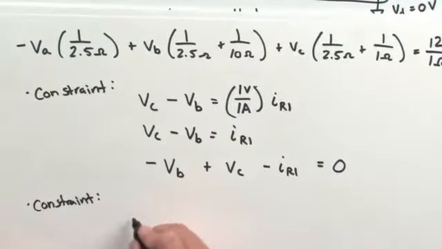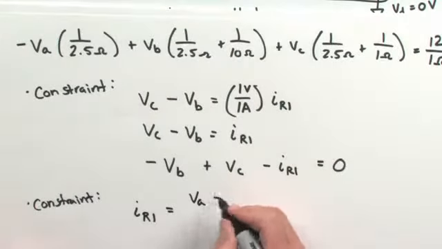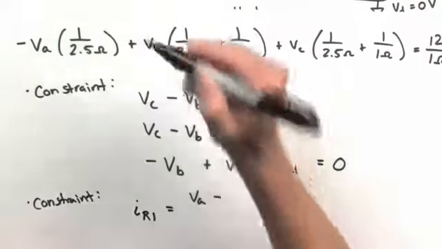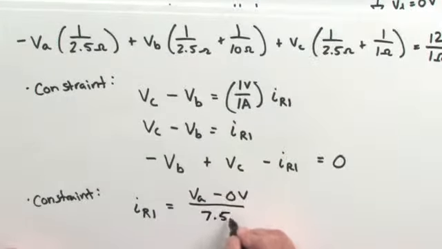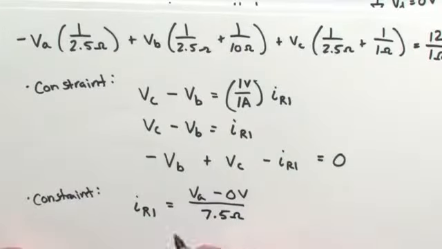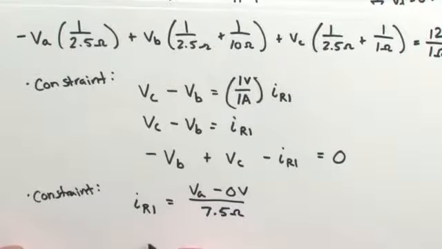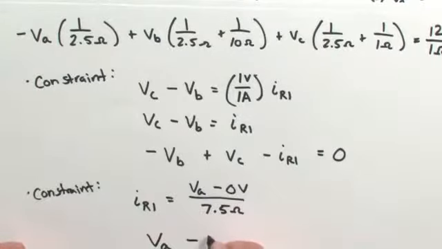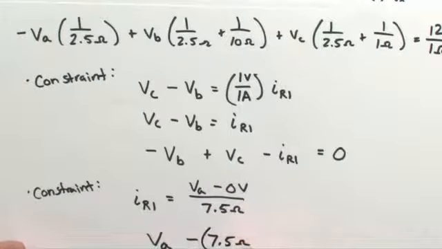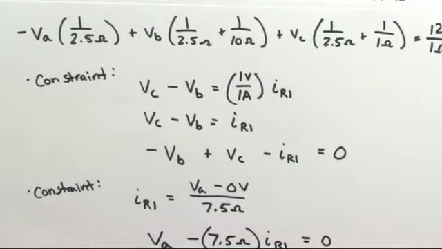The relationship there is that the current through resistor 1 is equal to the voltage at node A minus the potential on the other side, which we've called 0, divided by the resistance of the path. And again, I'm going to rearrange this equation so that we can put it into our matrix solution form. That results in VA minus 7.5 ohms times the current through R1 equals 0.